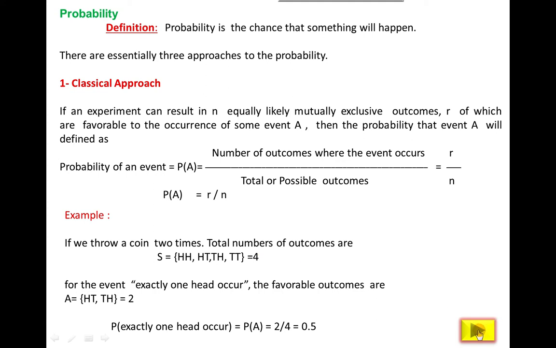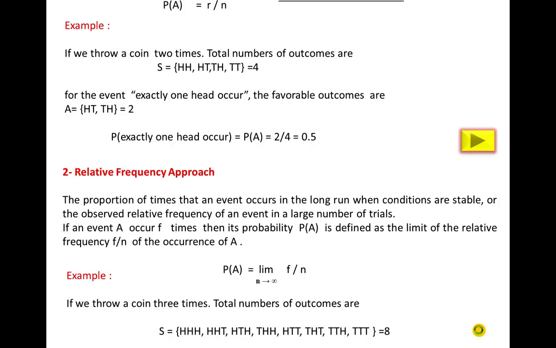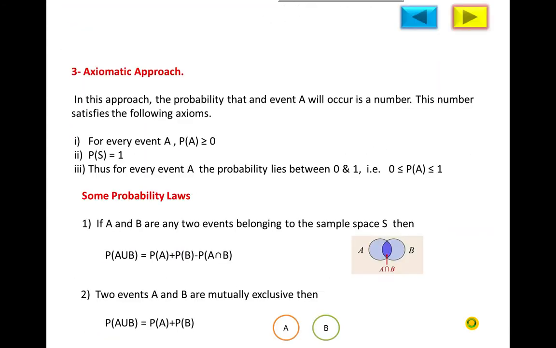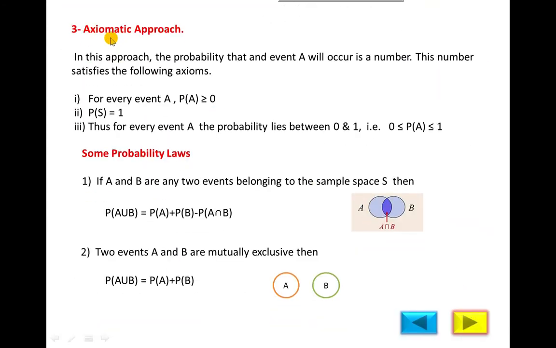So from the first and second approach, you can say this is the axiomatic approach. Axiomatic approach means this is the assumption, axioms. In this approach, the probability that an event A will occur is a number, and this number satisfies the following axioms.